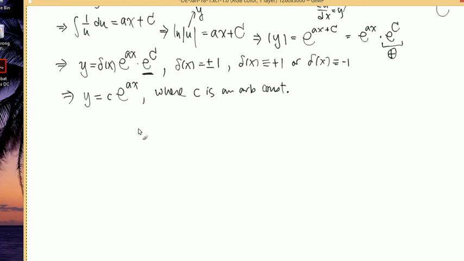So I'm going to give you a slightly different way of checking this. The equation was y prime minus ay equals 0, right? And we want to see that y equals c times e to the ax is actually the solution of that. I'm going to verify that you can differentiate and all that. But here's a fun way of doing it. I'm going to isolate c, which is y times e to the negative ax.